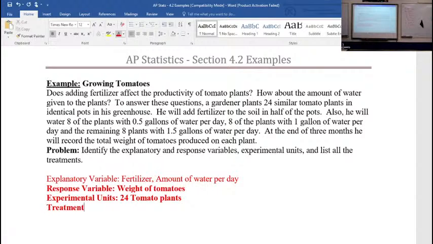Treatments. The treatments we are doing are, there are 2 different treatments because we have 2 different explanatory variables. So we have fertilizer versus no fertilizer.